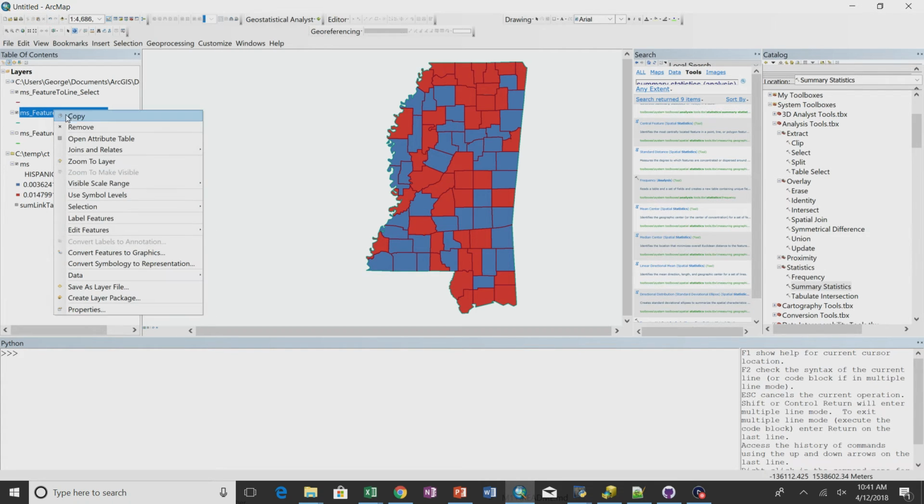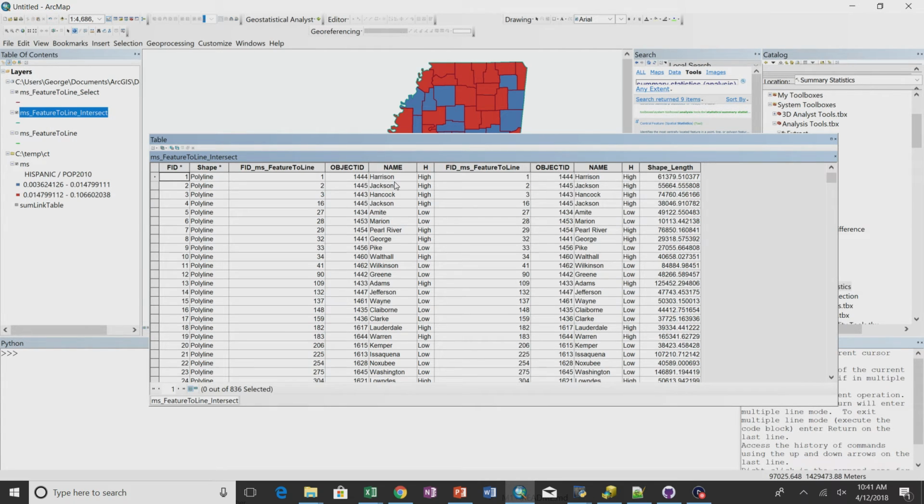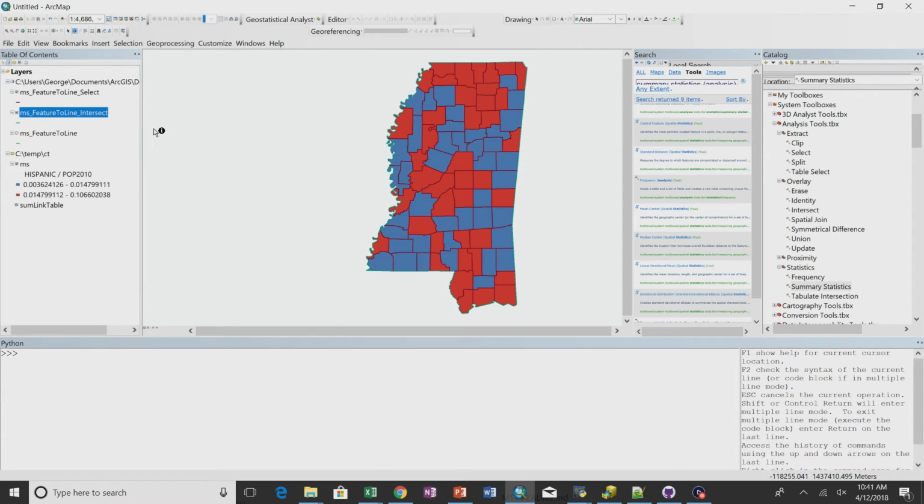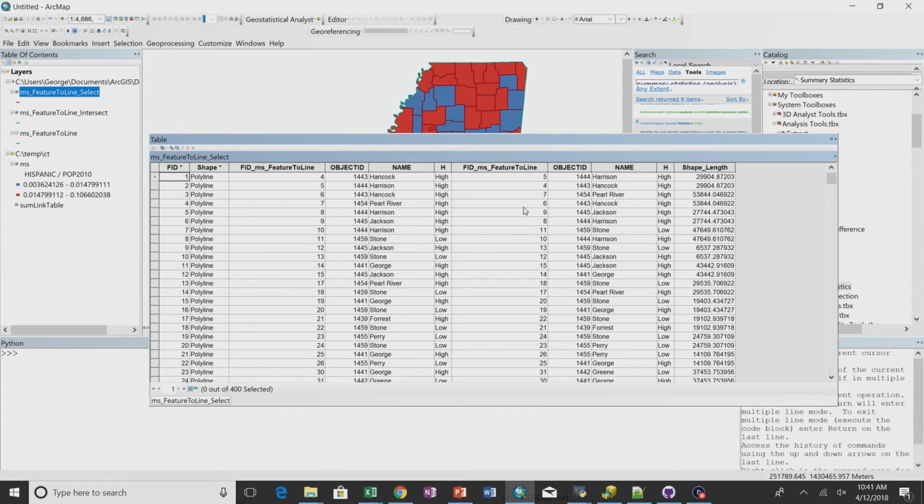The links are right here now, and in these links we've removed the common forest to forest link. However, we still have, these are links, not joins. So we still have Hancock and Harrison, and then later we'll have Harrison and Hancock.